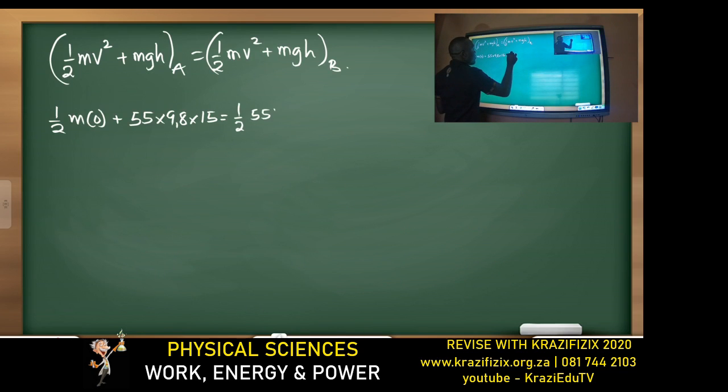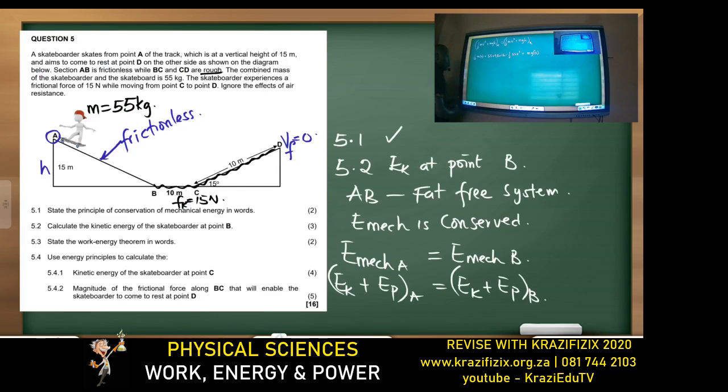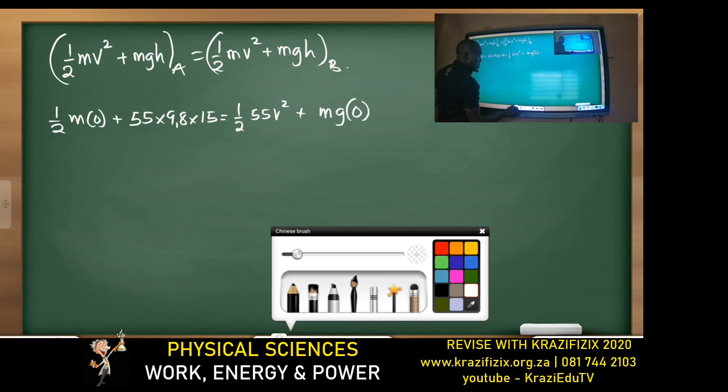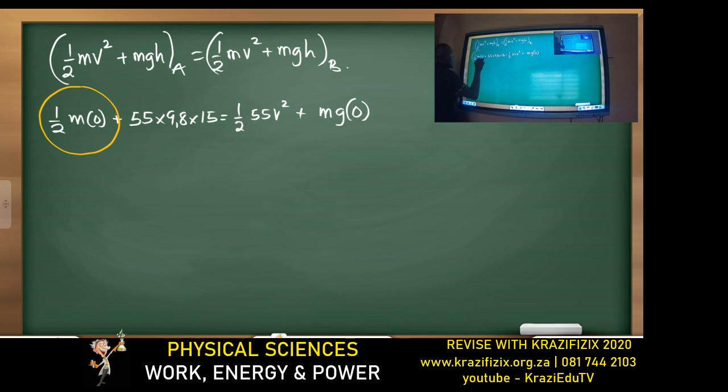Half 55 v squared plus mg, and my height is 0. Why is my height 0? The object is right on the ground there. So let's quickly use our calculators to get the answer. Basically this is 0 and that is 0. Let me just circle it so that it doesn't waste my time. Beautiful, so we can actually work this out.